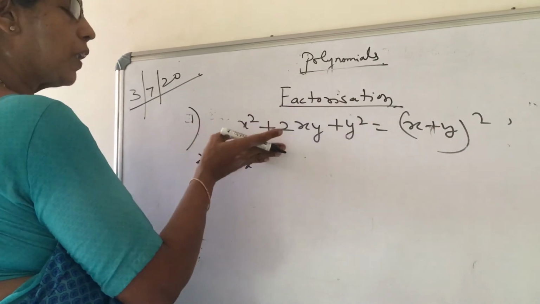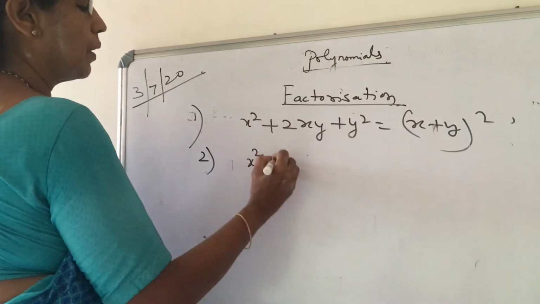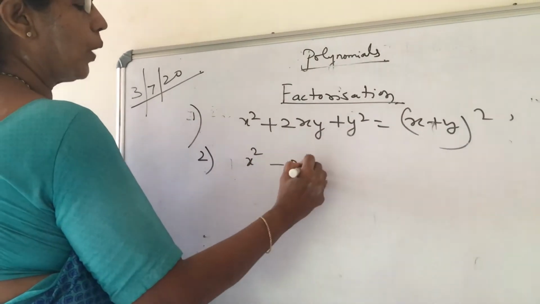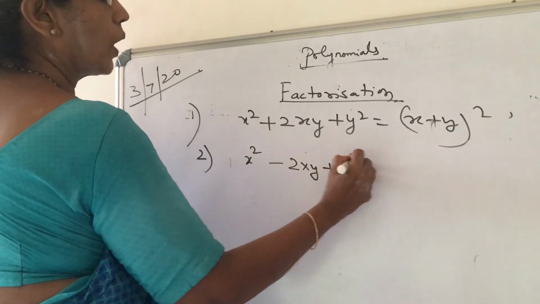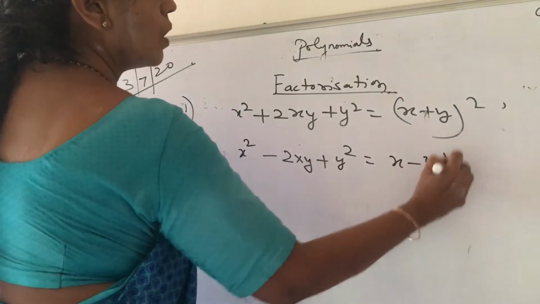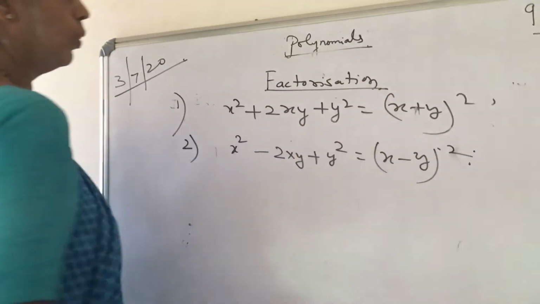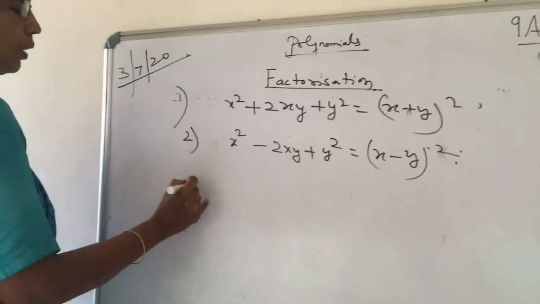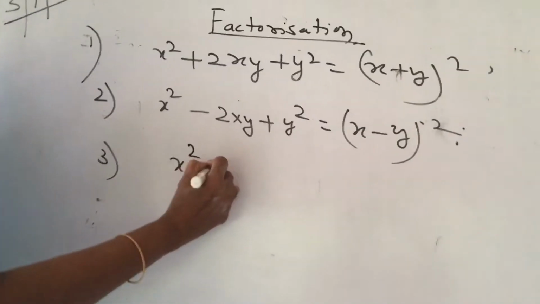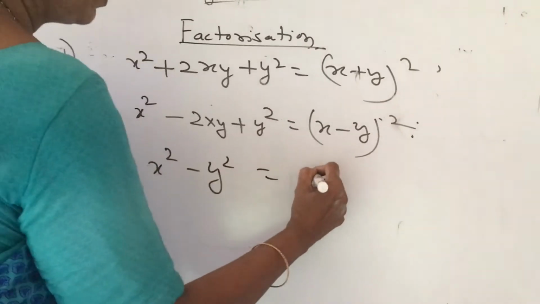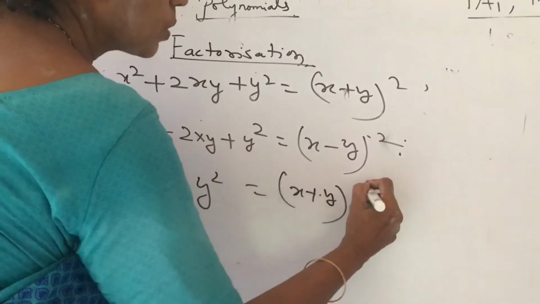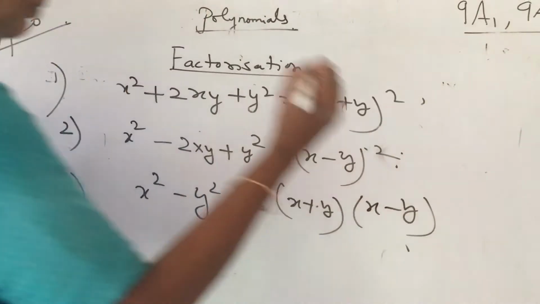Now I gave the right side, you wrote the left side. Second one, x squared minus 2xy plus y squared is equal to x minus y the whole square. Third one, x squared minus y squared is equal to x plus y into.